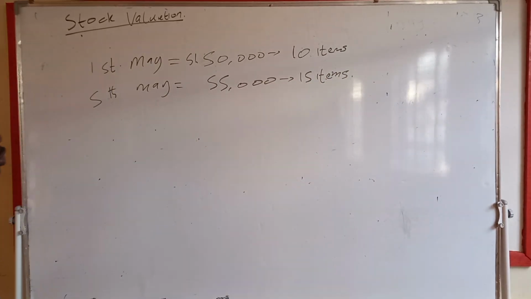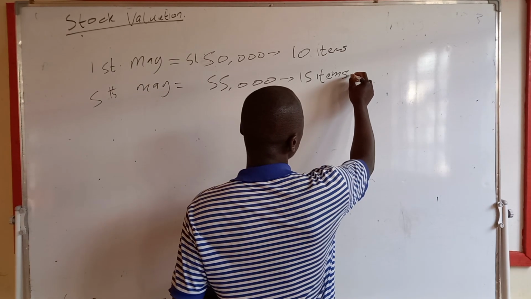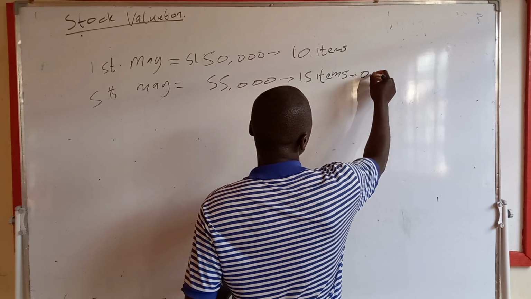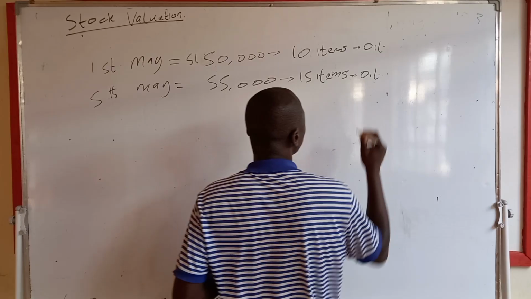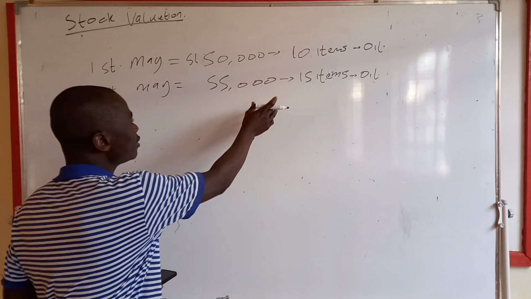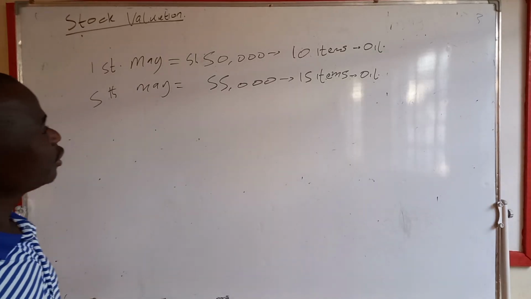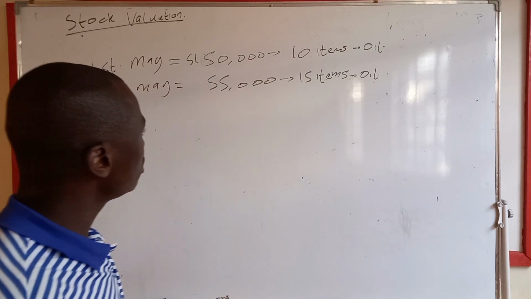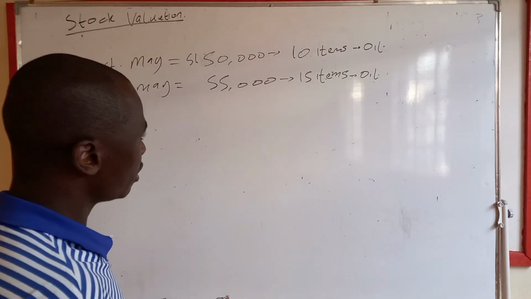If you look at these two stocks, they are of the same item. For example, let's say this is cooking oil. You realize that the stocks you bought are probably different in quantity and price.